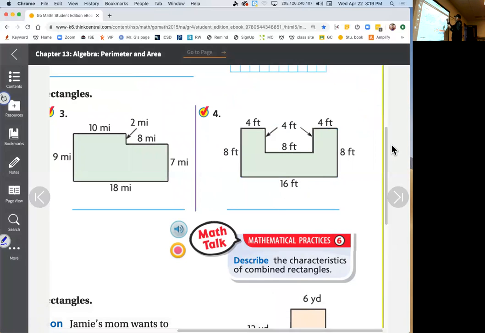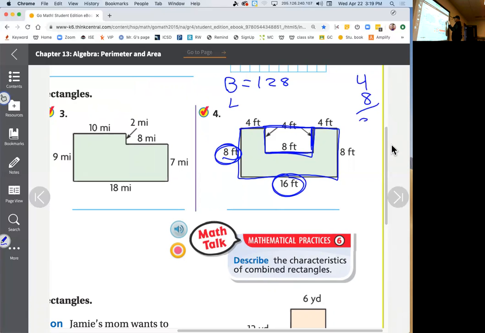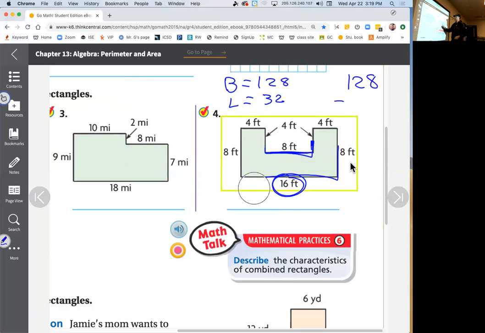And then the little one, look, it's 4 tall and how wide? 8. So 4 times 8 is 32. So now what do we do? Well, we want to get rid of the little one. So we're going to go 128 and we subtract when we want to get rid of it because it's not part of what we're trying to do. See that? It's not part of it.